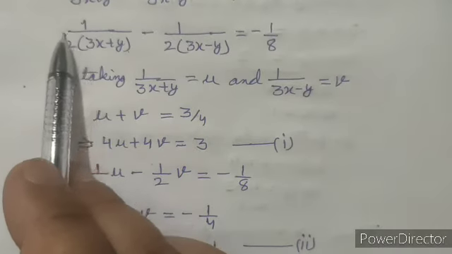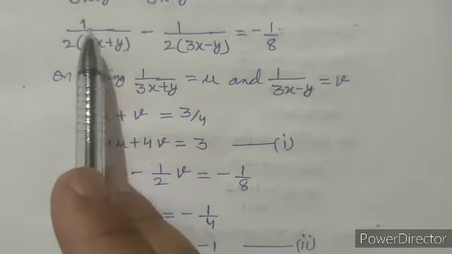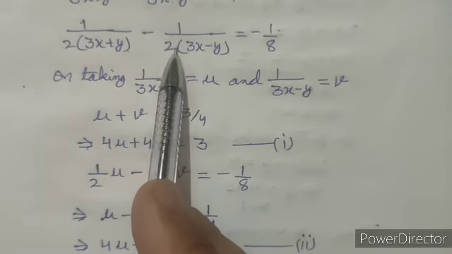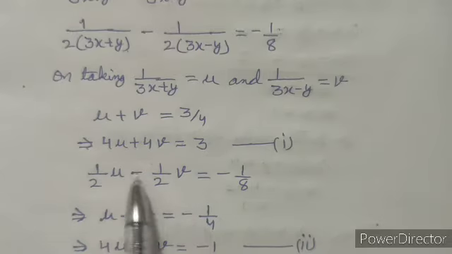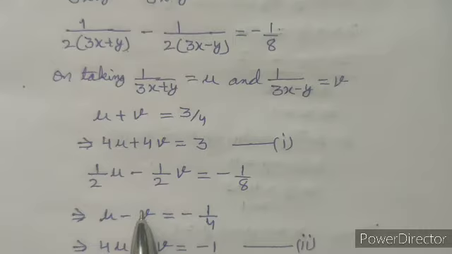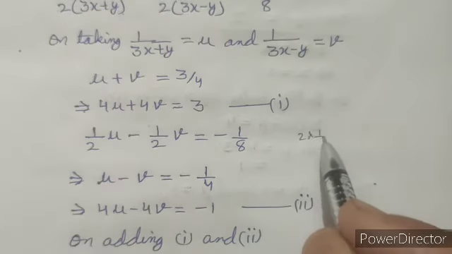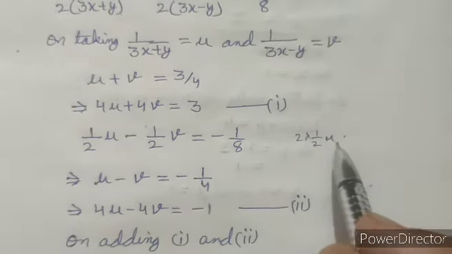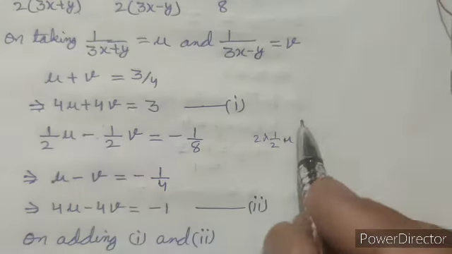Now here also the second equation which was given to us will reduce to 1 upon 2u minus 1 upon 2v equal to minus 1 upon 8. Now on multiplying both sides by 2, we will get u minus v equal to minus 1 by 4. Now this will be 2 into 1 upon 2u, or you can either take LCM on left hand side.